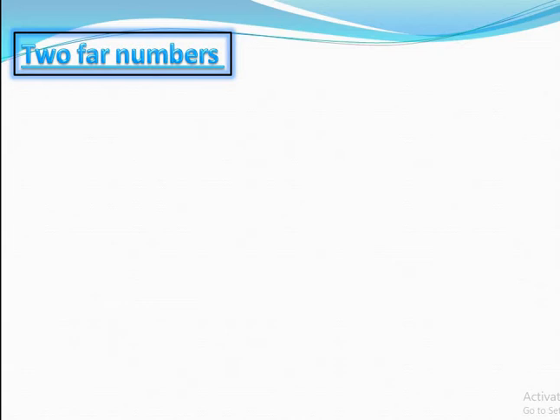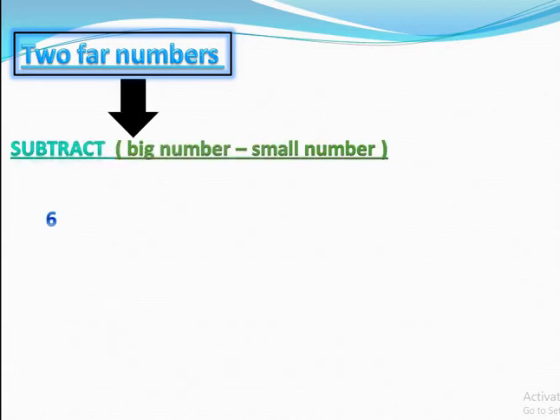If the two numbers were far numbers, like 6 minus space equals 4. So we have here far numbers. There is a space between the two numbers.